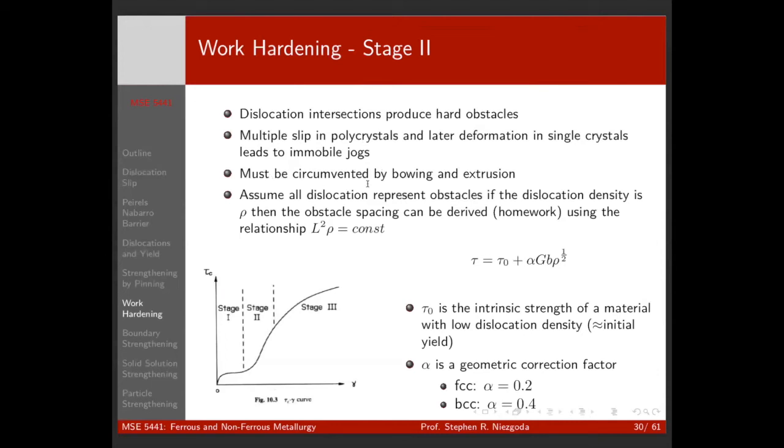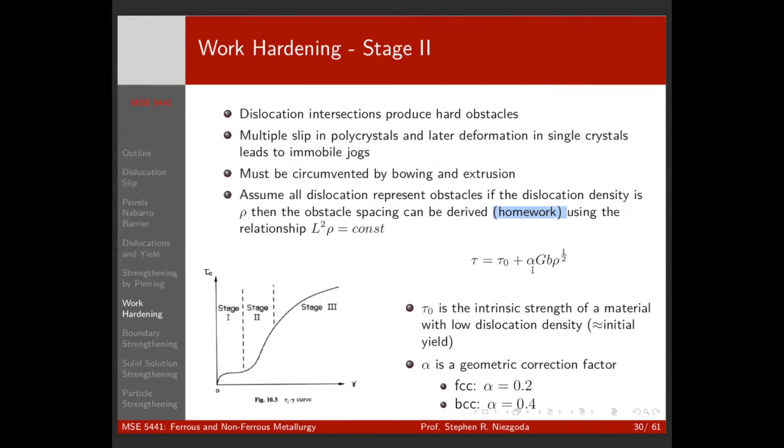So these jogged regions need to be circumvented by bowing or extrusion, right? And we can derive this same Taylor hardening expression from the jog spacing. I say homework, but that's just because I forgot to take that out from when I used these notes for a previous class.